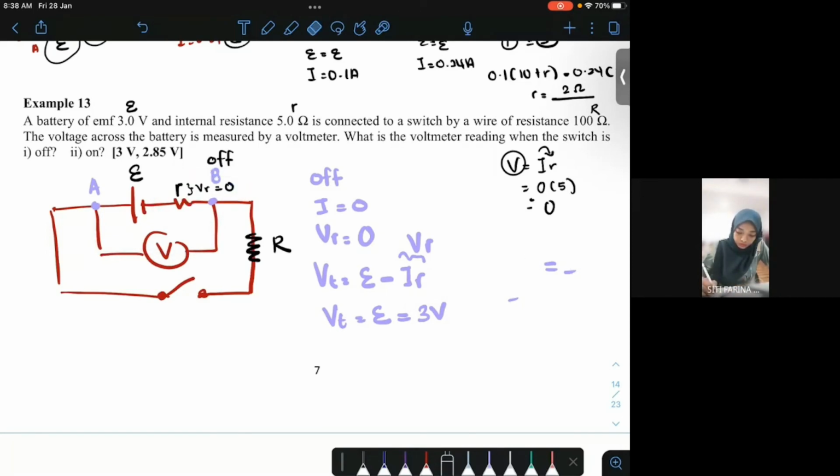Contoh, kalau kita switch on pula, kamu on. Bila kamu on, ini dah jadi complete circuit. Bila complete circuit, apa yang akan jadi adalah, when you have completed the circuit, bila ada bateri, obviously bateri itu akan bagi supply, so current akan keluar. Bila current keluar, the current has to overcome this internal resistance.